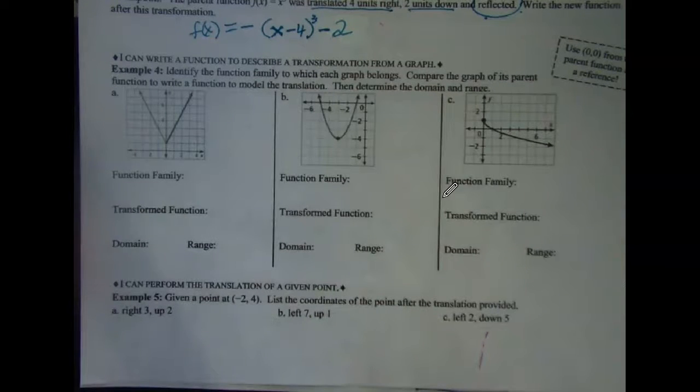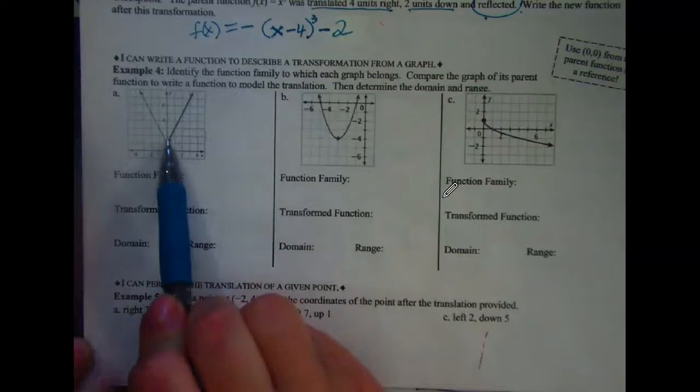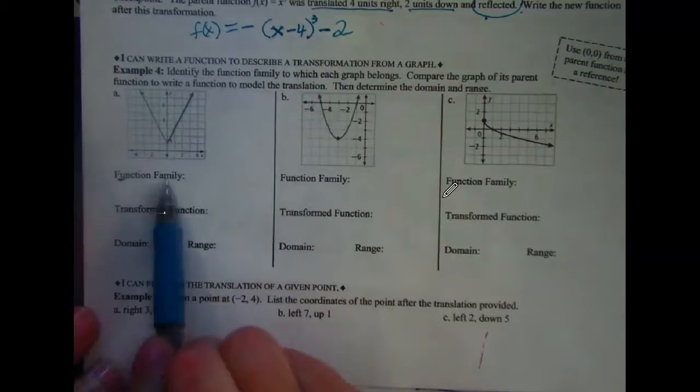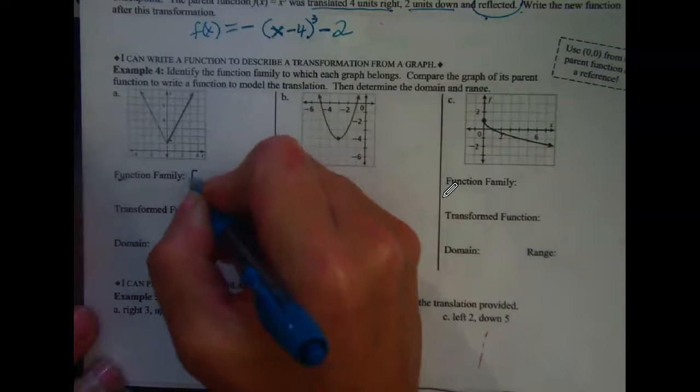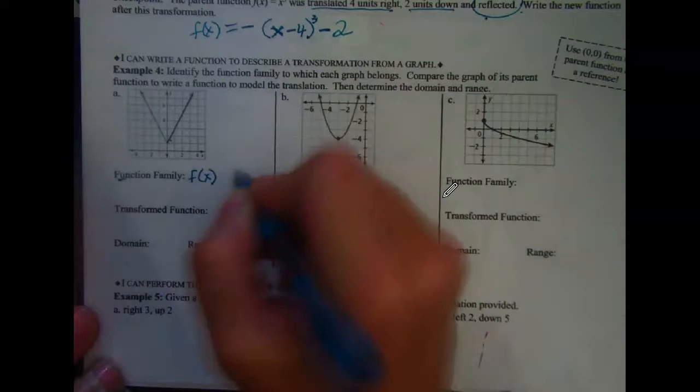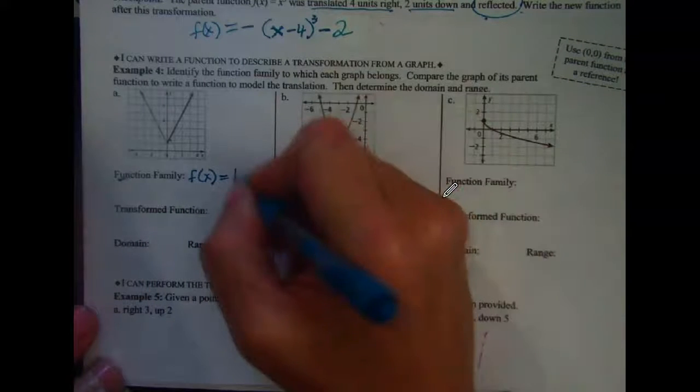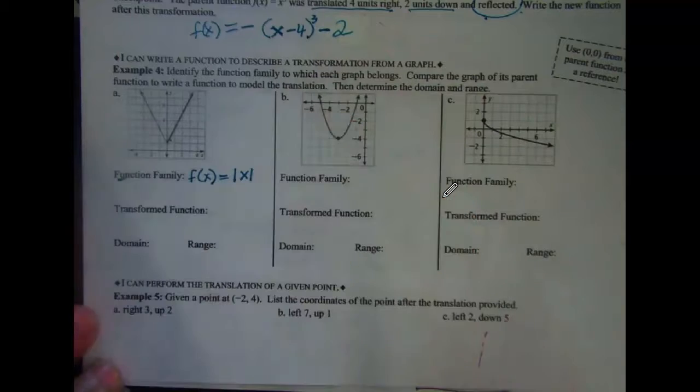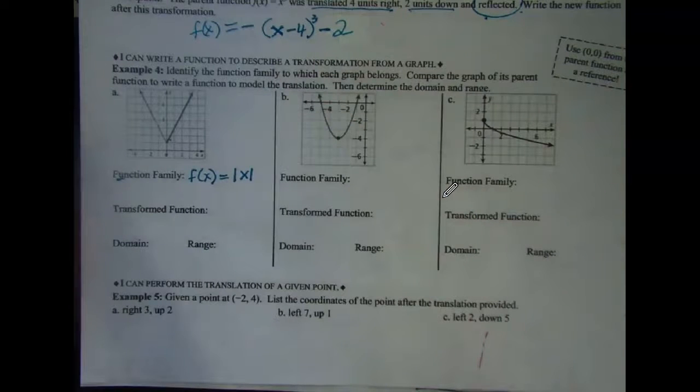Okay, so the very first one we're looking at, here we have a parent function. So the function family, this would be f of x equals the absolute value of x. That's just our parent function. Function family just means what's the parent function.